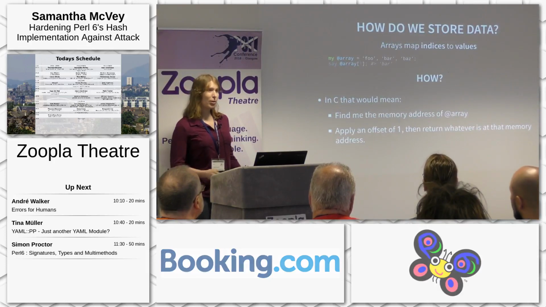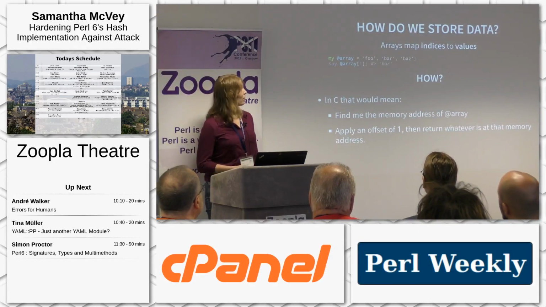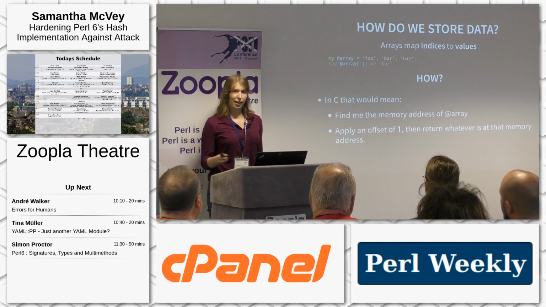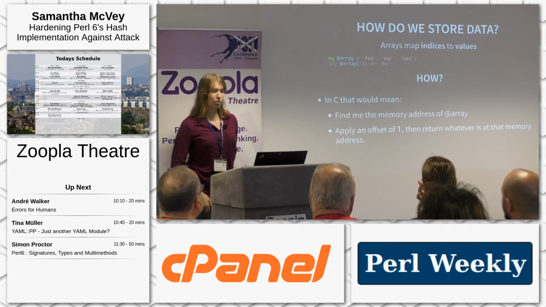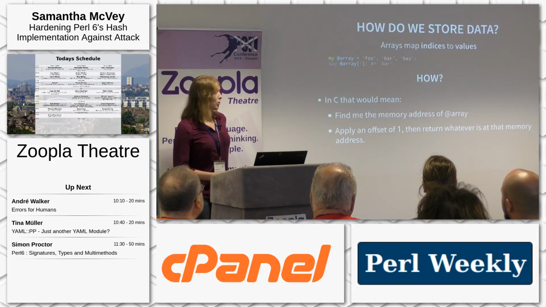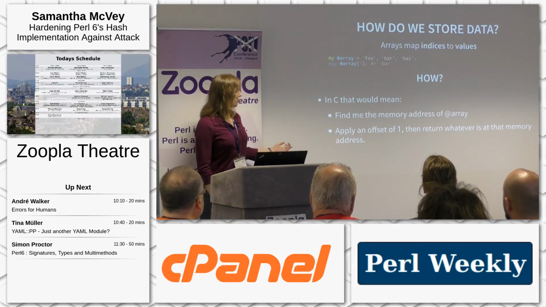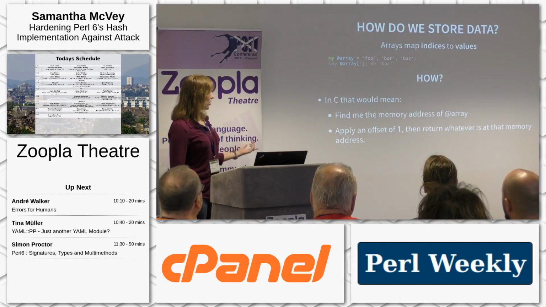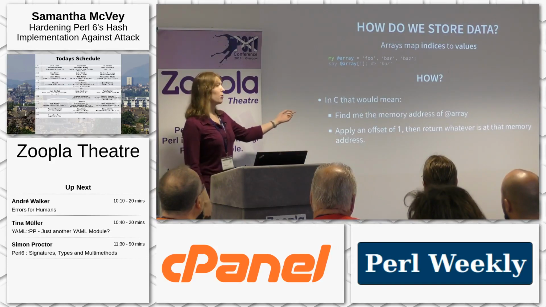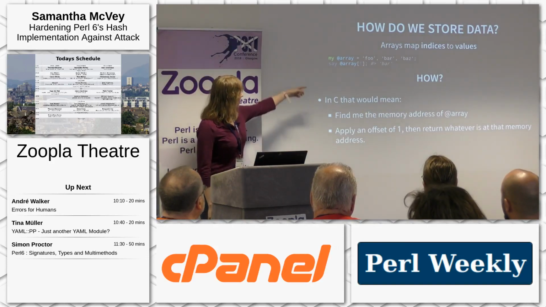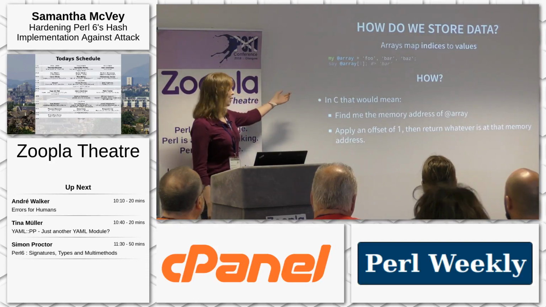So I'm going to now go into computer programming. Now that analogy should help things be a little more understandable. So how do we store data with computers? Well, arrays are pretty simple. In C, that would just mean get me the address that the array is stored in. Let's say this is a C array.